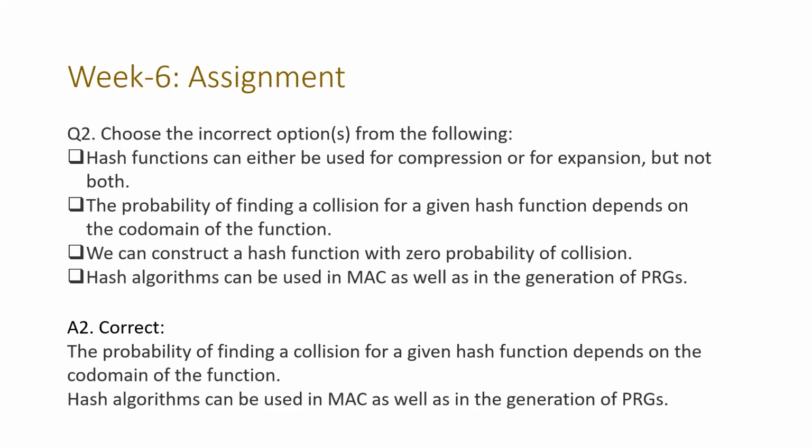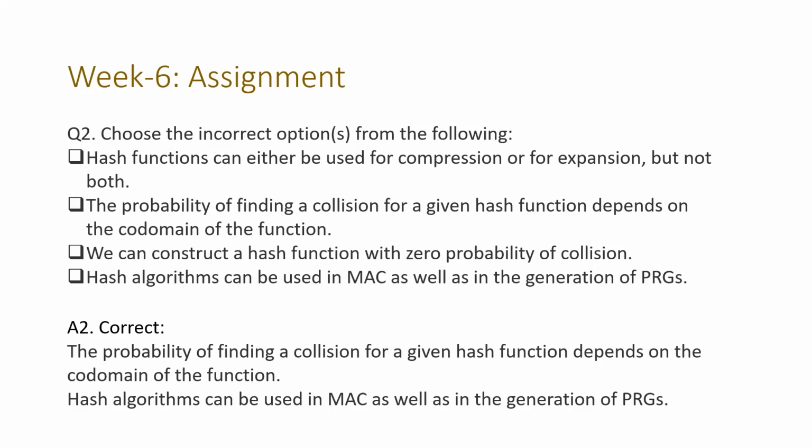So the input can be anything. It can be of lesser length than the output, and it can be of higher length than the output space, right? So if your output is L bits long, then the input length can be less than L or more than L. Okay, that is not a problem.